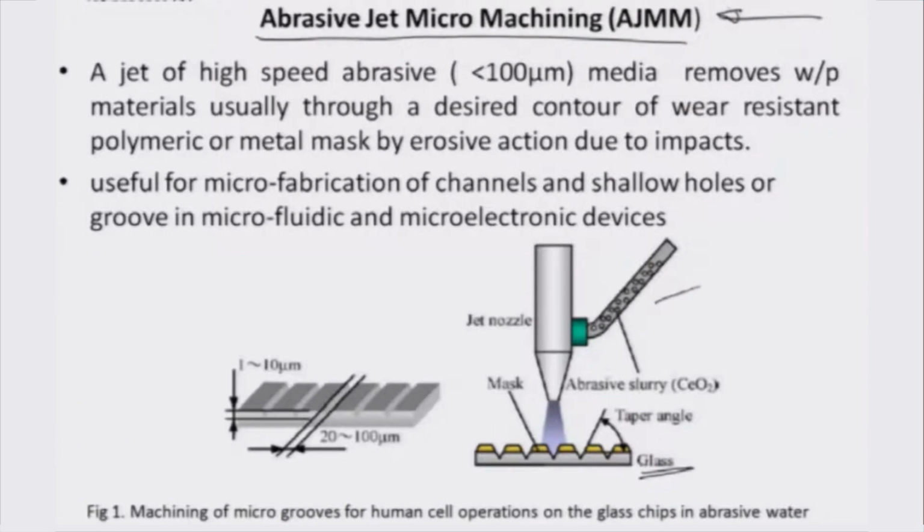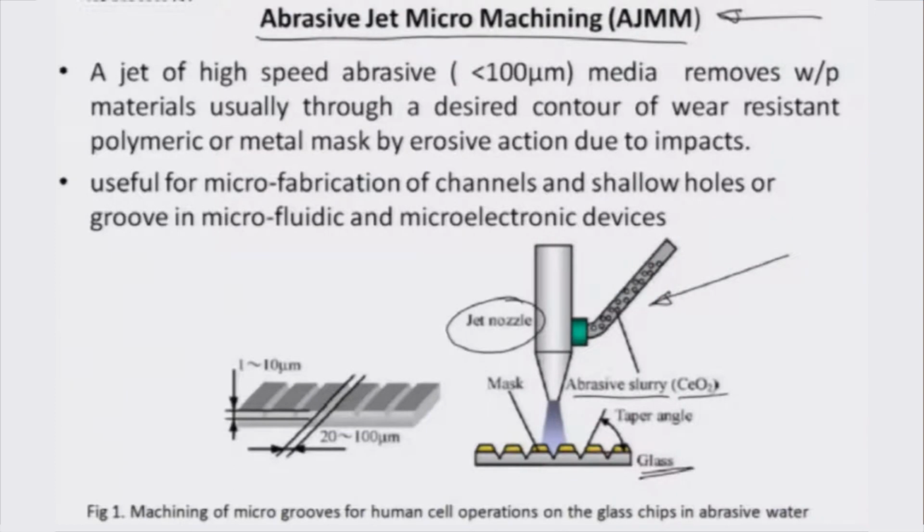As this figure illustrates, there is a jet nozzle which is driving off the material, in the form of an abrasive slurry containing selenium oxide suspended in some water.